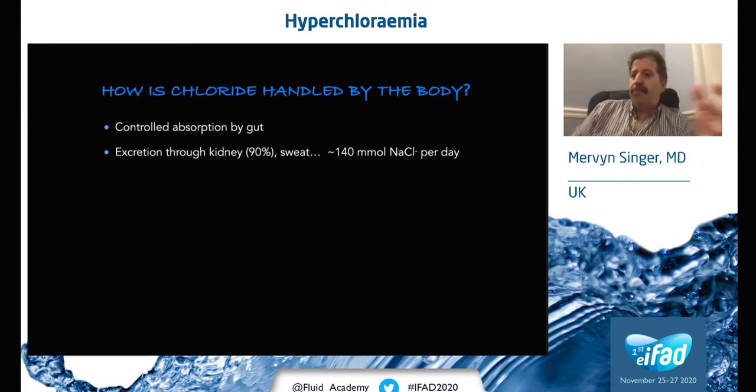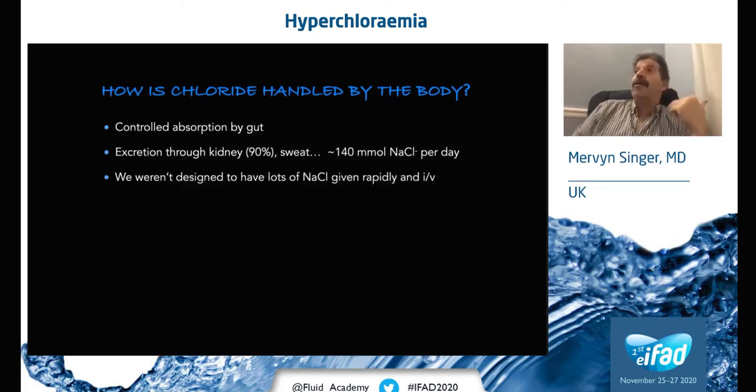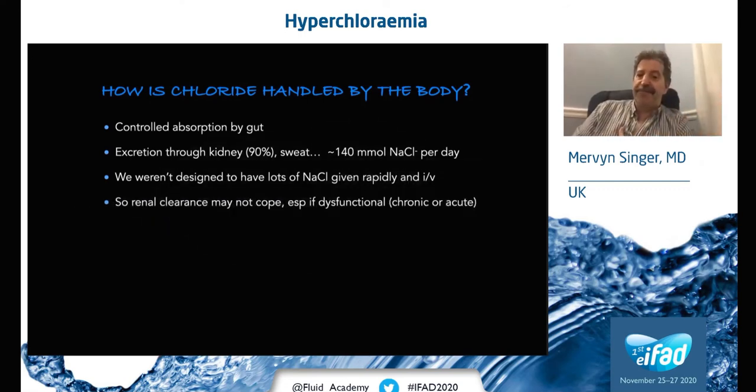And we generally take in and excrete about 140 millimoles of salt per day. So we were not designed by evolution, God, whoever, to have lots and lots of saline given to us rapidly and intravenously. So renal clearance may not cope, especially if those kidneys aren't working very well.